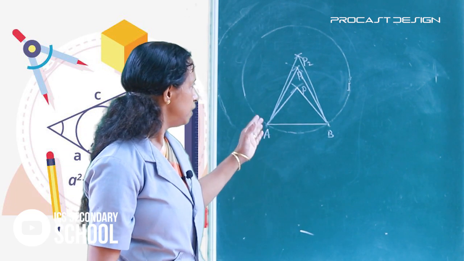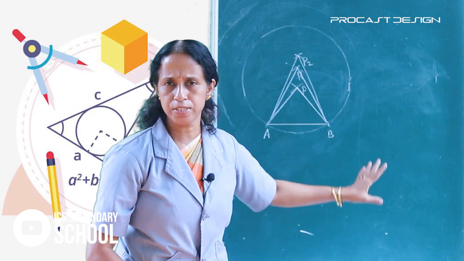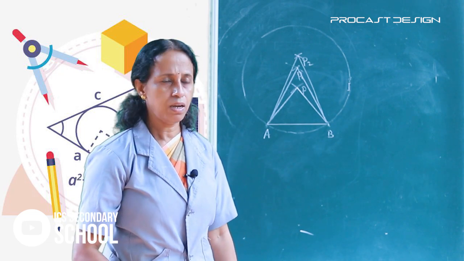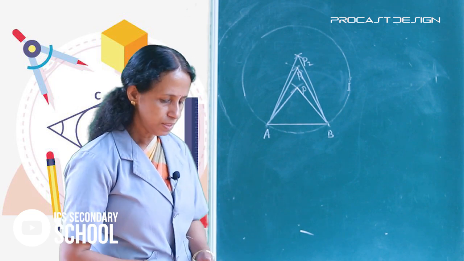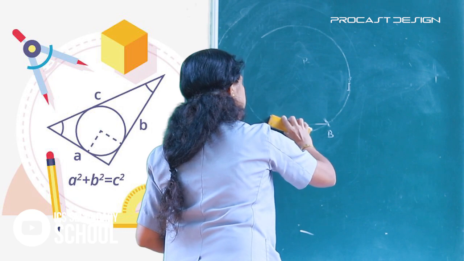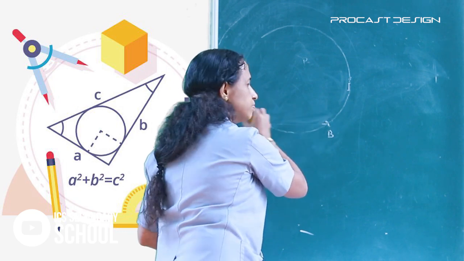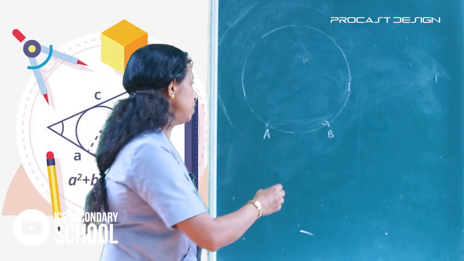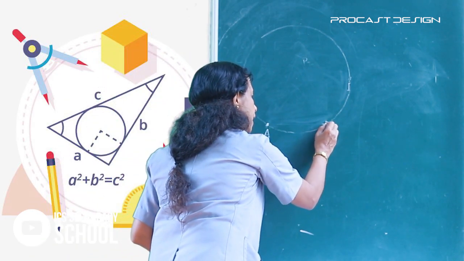Next, this is not the center of the circle. How can you find the center of the circle? Just take this circle.